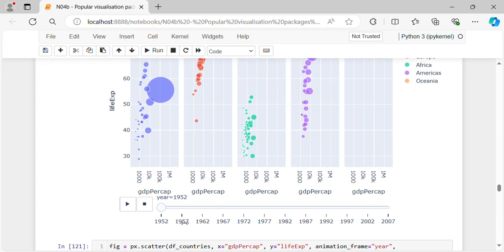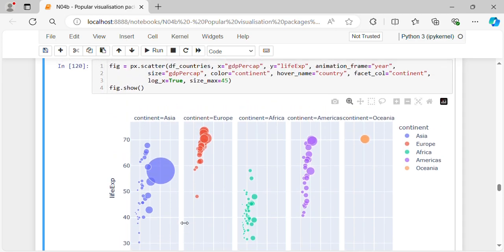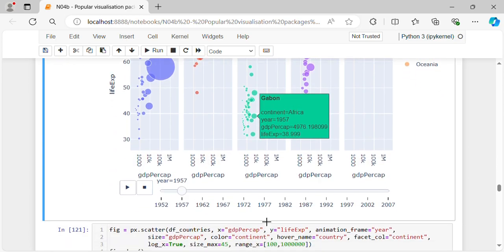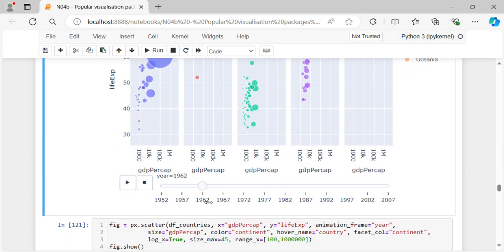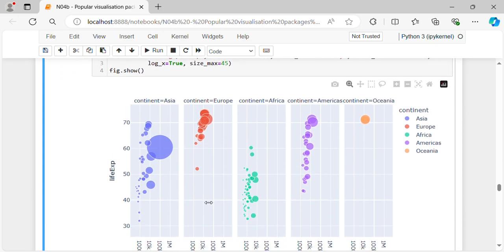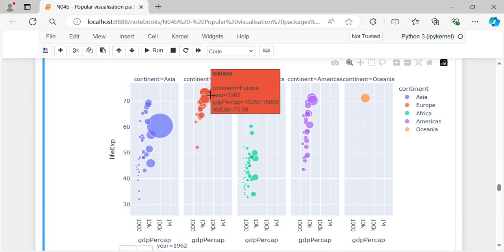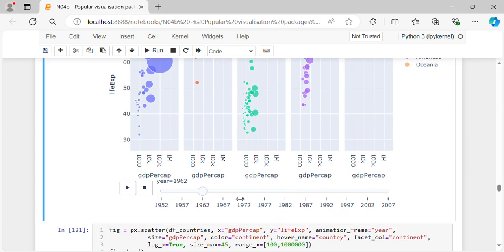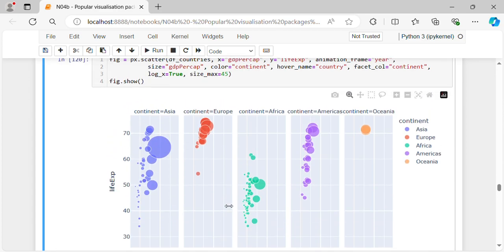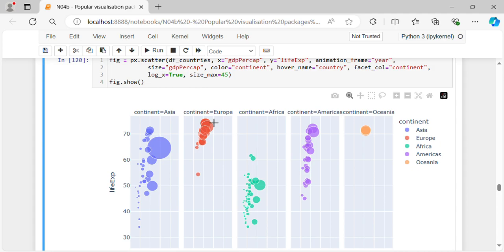Let's look at what happened in 1957. So the life expectancy is slowly increasing for all the countries. 1962, so the life expectancy is slowly increasing, still increasing. And for all the continents, the life expectancy is increasing.